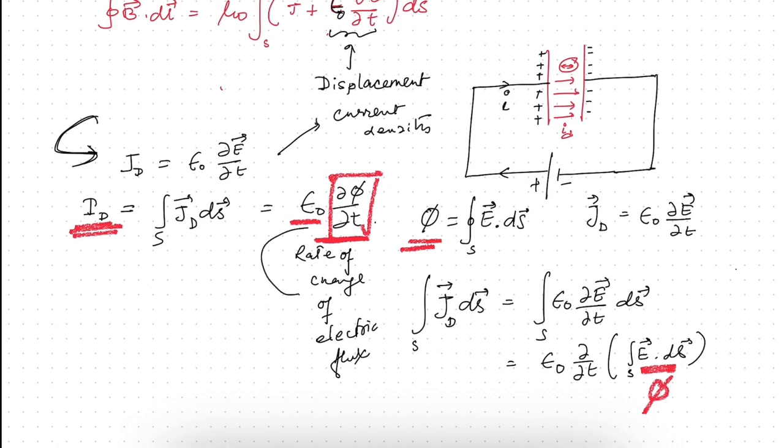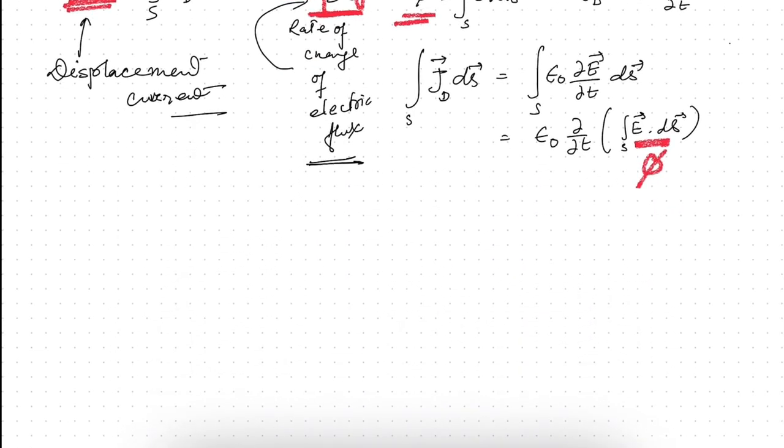So displacement current arises due to the change in electric flux.